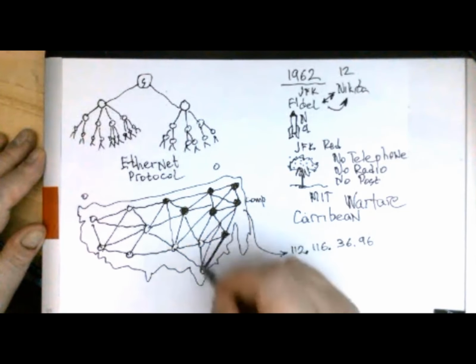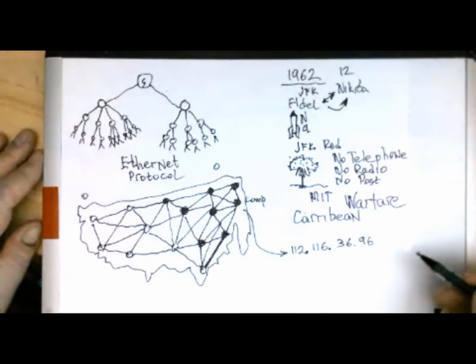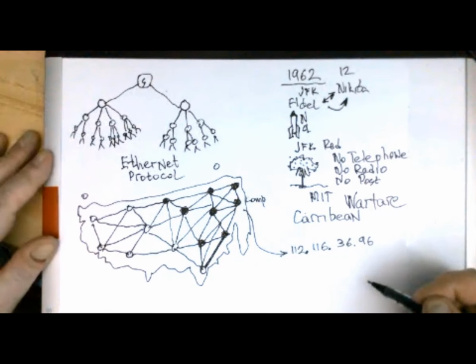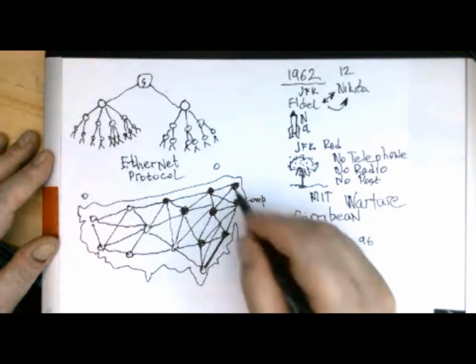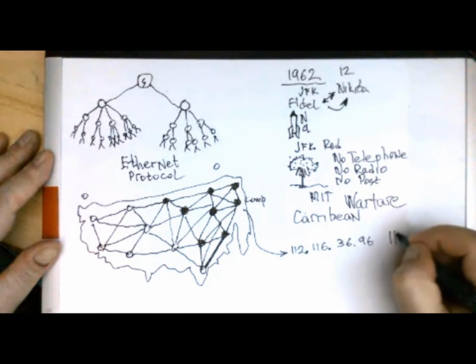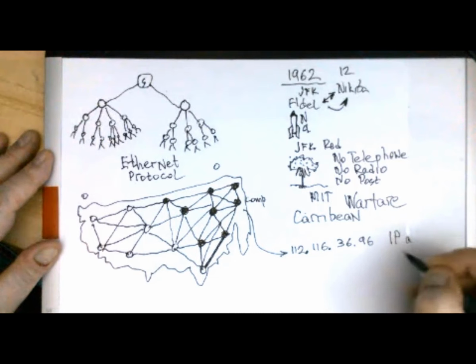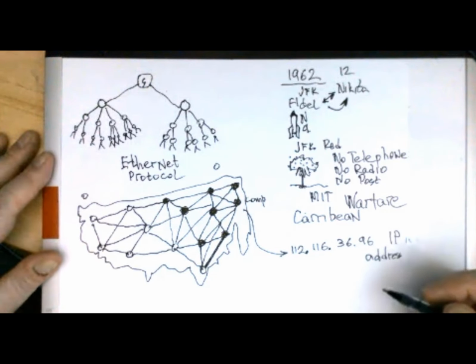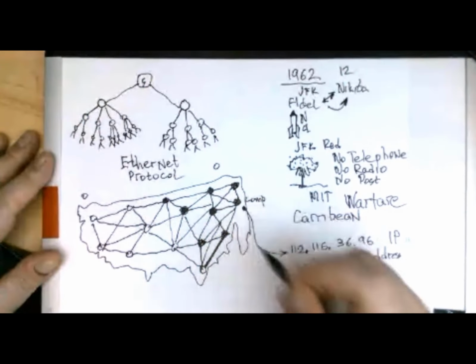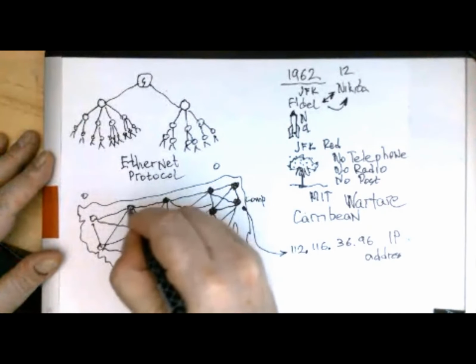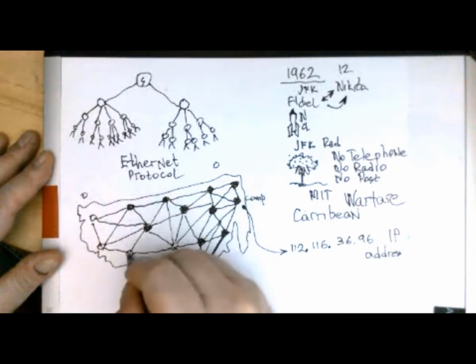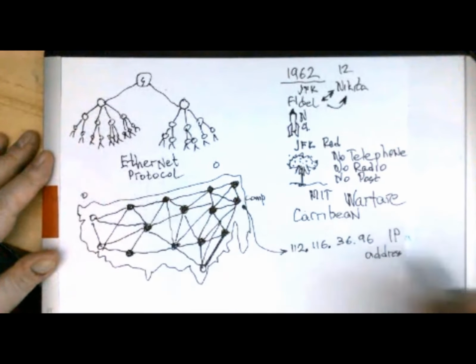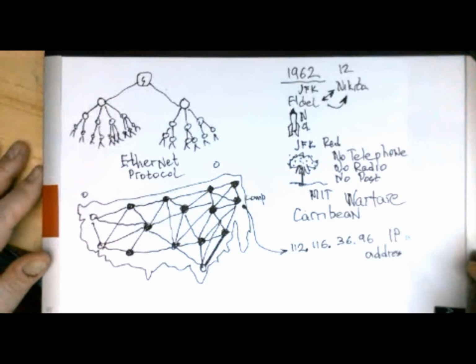Another computer will have a different number. Another computer will have a different number. It's like a telephone number, but in a computer network this number is named the IP address. IP address. Internet Protocol address. So this computer will have an IP address. Every single computer on this network will have a unique address.